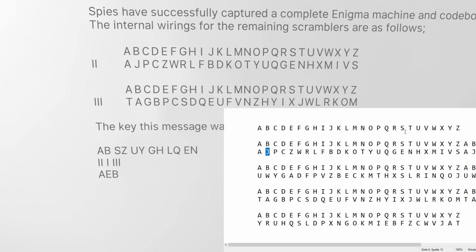AB. S, I mean, that's the end of scrambler 2, which is this one right now. It's S, but there is a pair right here.